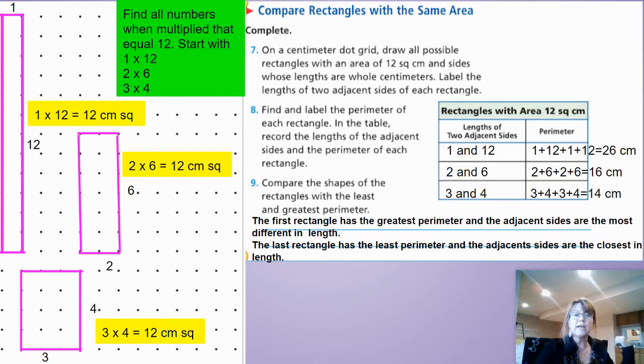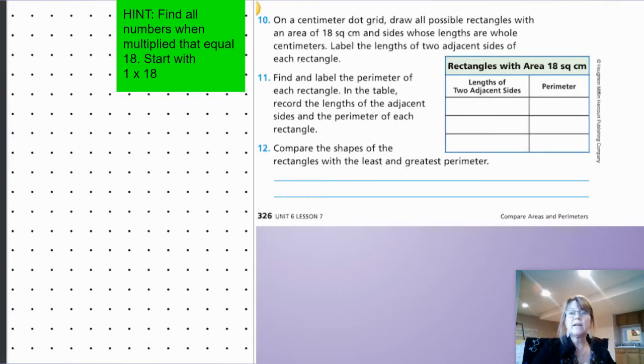Otherwise, we're going to look at problems number 10, 11, and 12, which are going to be your homework. For number 10, we have 3 spaces on our chart. You are going to find all of the possible rectangles with an area of 18 square centimeters. Now, what are all of the multiples of 18?